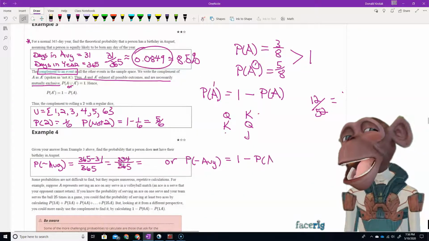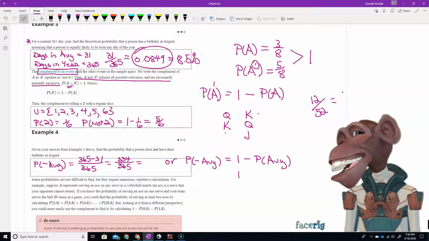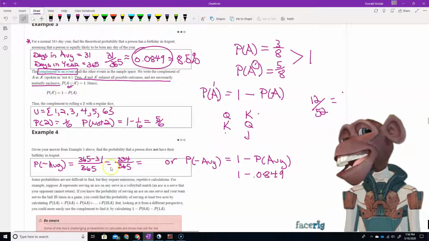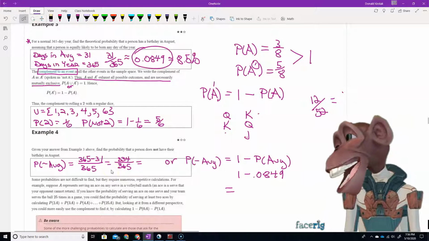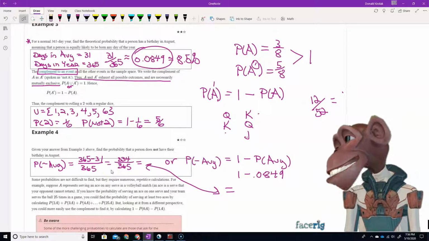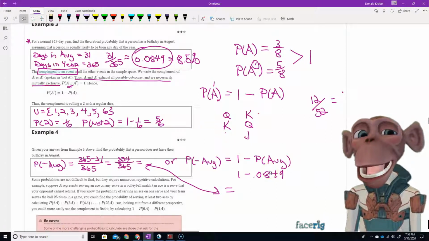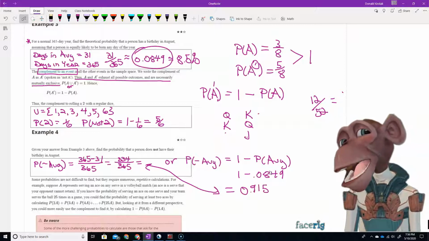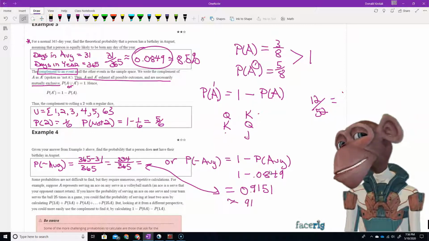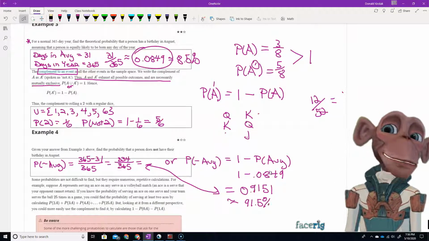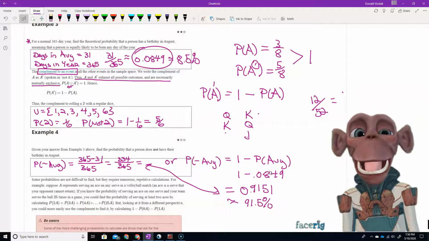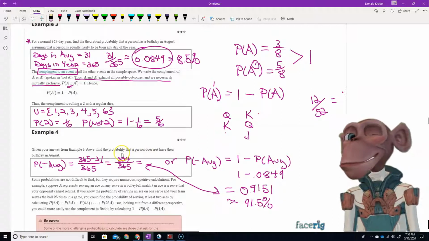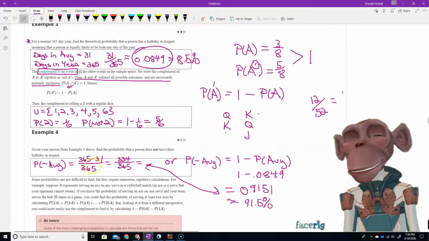So P(August), and then that would simply be 1 take away 0.049, and that would give us the same probability as dividing out this fraction, which would have been 0.915, or about a 91.5% chance of being born some other time. So that's using the complement to calculate a particular probability.